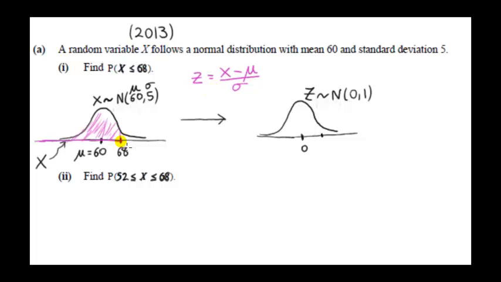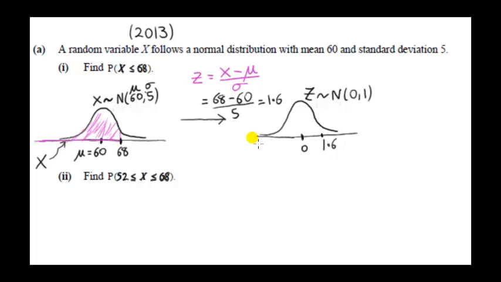We want to see how many standard deviations 68 is from 60. So we take x, which is 68, subtract the mean 60 to get the distance of this value from the mean, and divide by sigma to see how many standard deviations 68 is from the mean of 60.